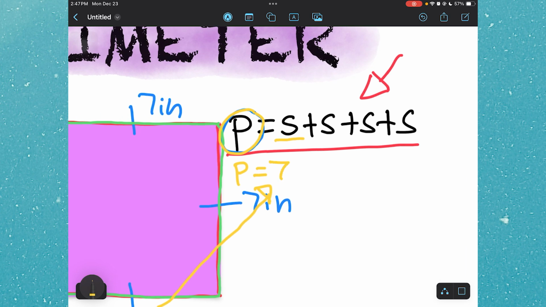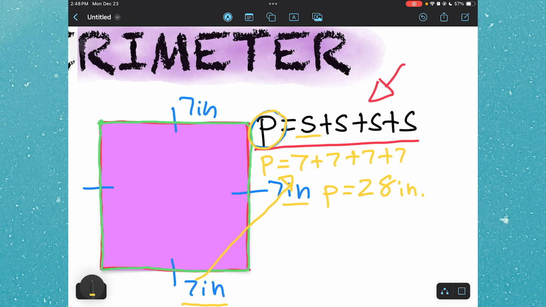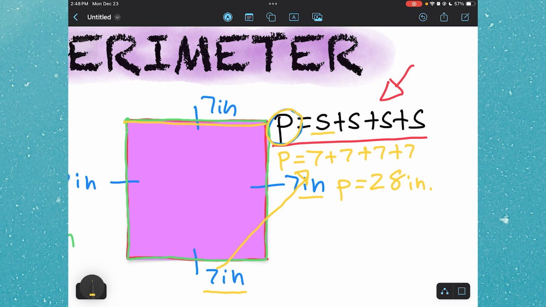And because every side in a square is equal, it's going to be 7 plus 7 plus 7 plus 7. And when we add all of those 7s together, the perimeter equals 28 inches. And that's how we were able to do that formula. How? By adding 7 plus 7 plus 7 plus 7, which gives us 28 inches.